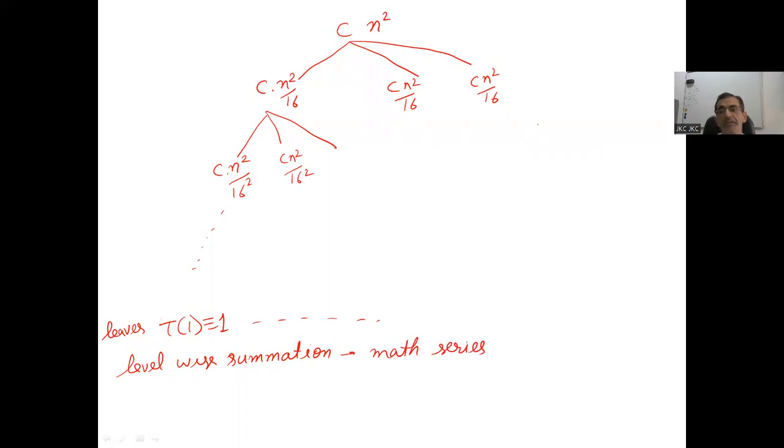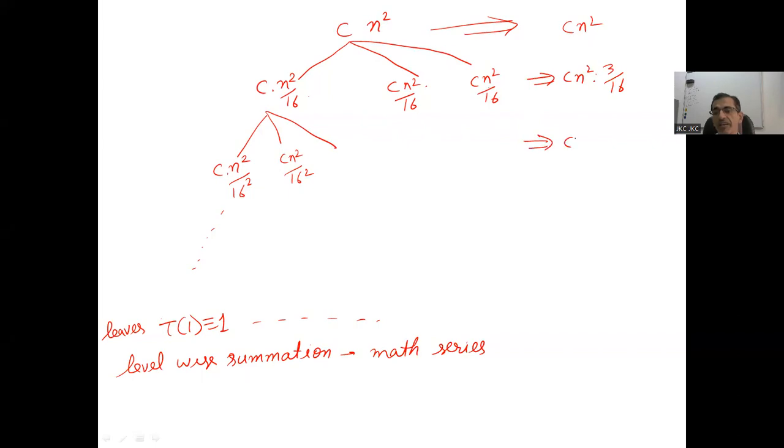How? Let's see. This summation is nothing but Cn square. This summation is Cn square into 3 by 16, because this has 1, 2, 3 total values.